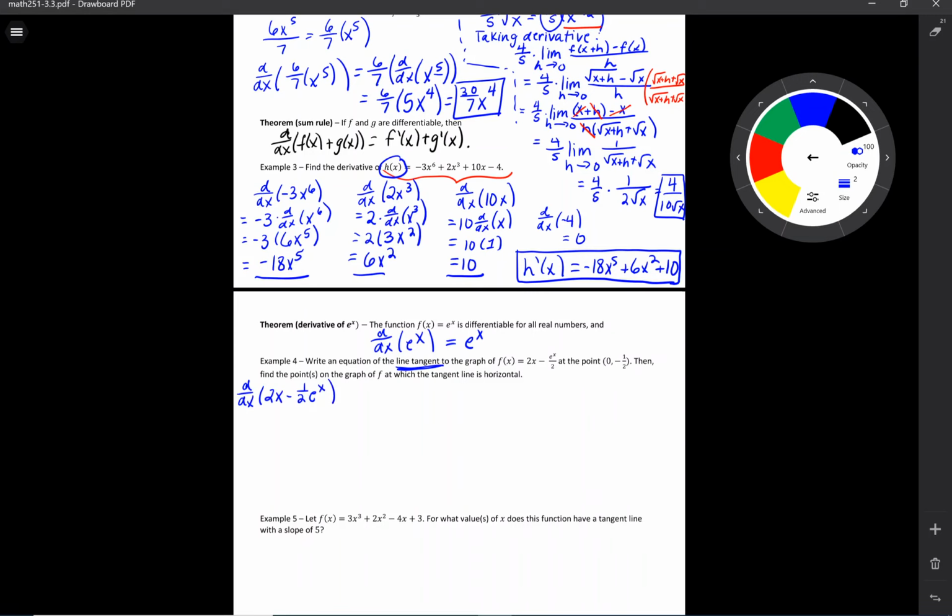Let's see, first I'm going to use the sum rule in order to split these into two parts. So this is equal to d dx of 2x plus d dx of negative 1/2 e to the x. So this was the sum rule.